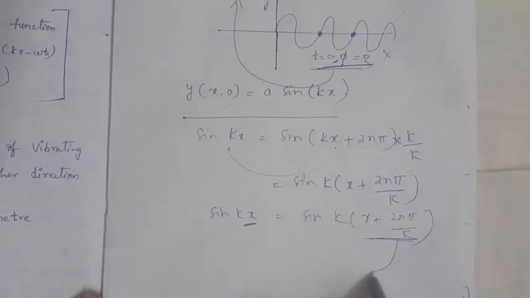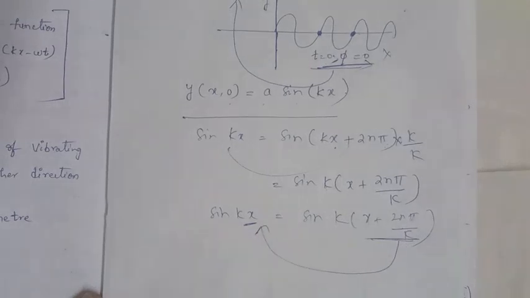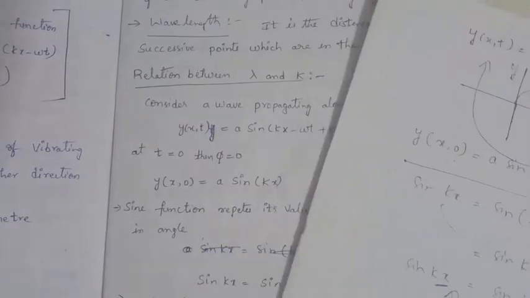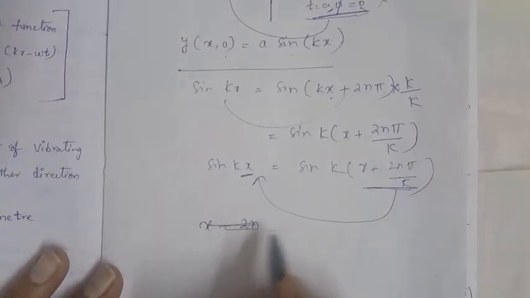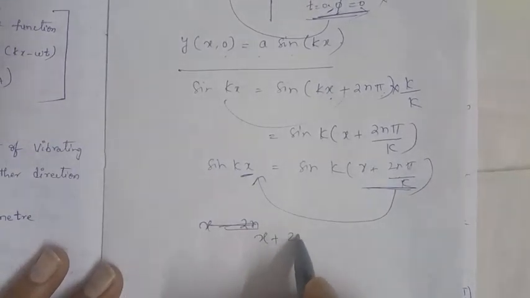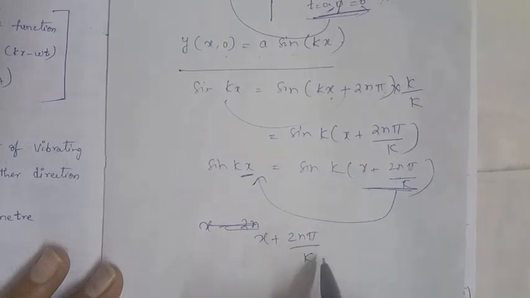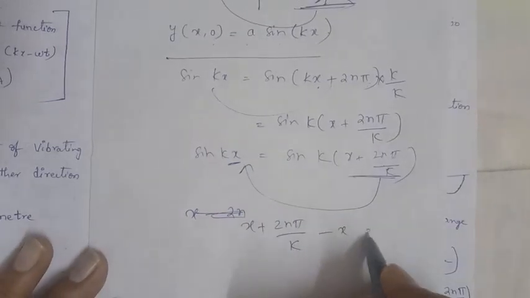So the difference between these two phases, the distance, is lambda. So x plus 2n pi by k minus x is equal to lambda.